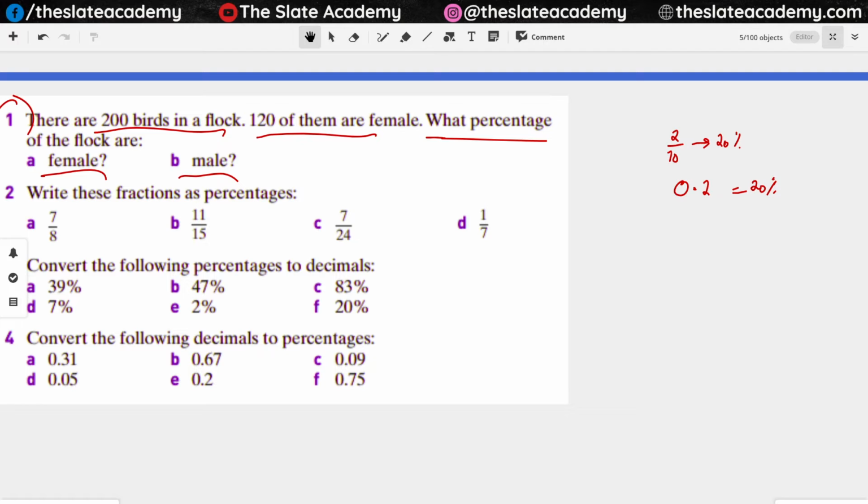So we'll convert it into a fraction. I know 120 are female, 120 out of what? 120 out of 200. And then I would simply multiply it with 100. I'll get the answer in percentage. And the answer would be 42.8.